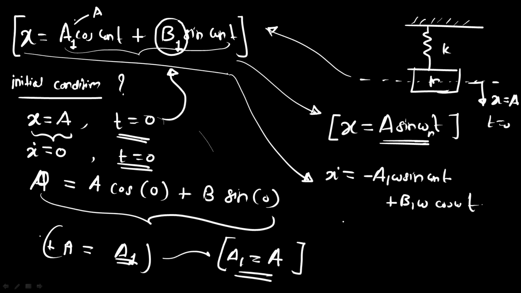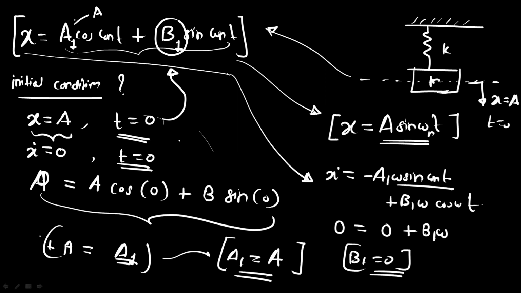Now put the second condition, x dot is 0 when time t is 0. This term will be 0 directly, and this term will be plus B1 omega n. So we can write B1 is equal to 0. So the second constant is 0 for these conditions.